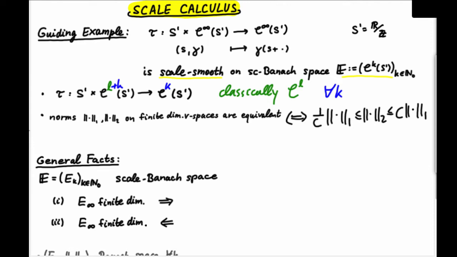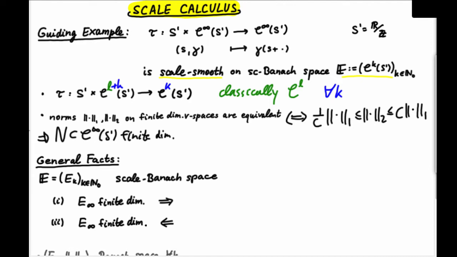So if I now get to a finite dimensional subspace N in the smooth functions, then all these C^k norms are equivalent on it.